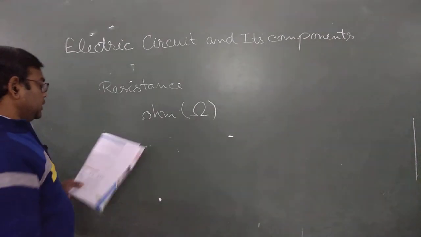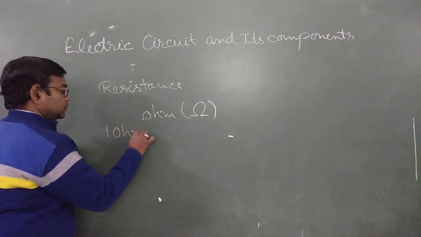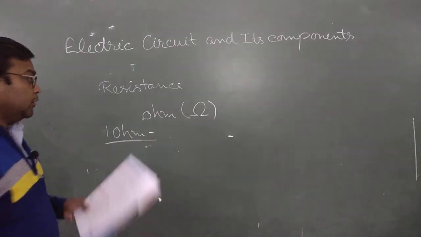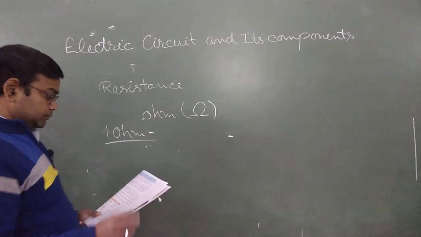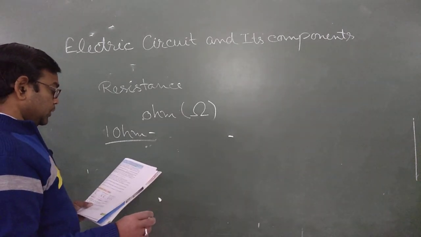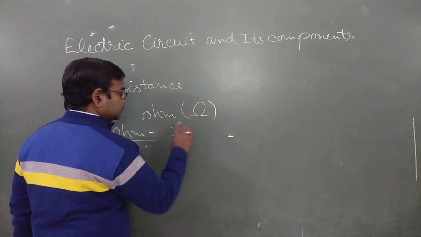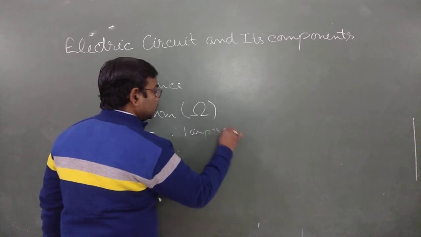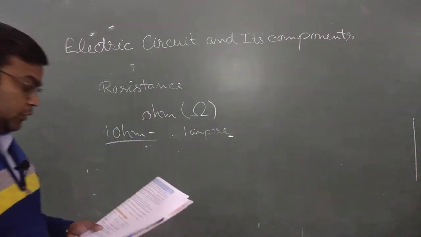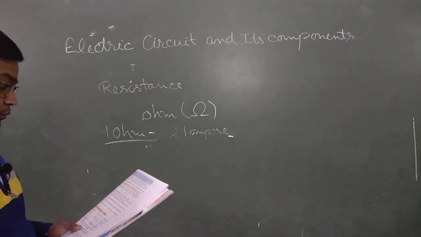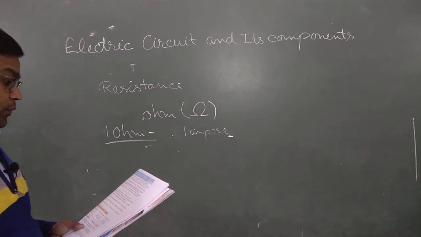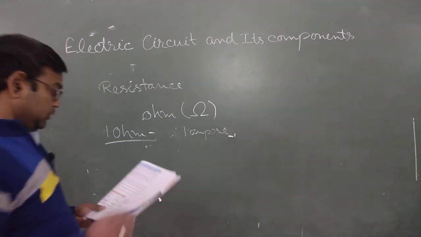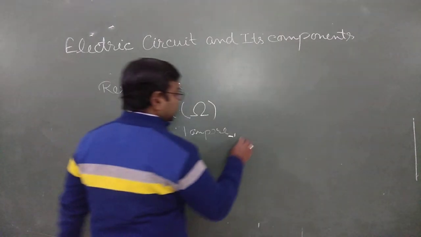What is the 1 ohm? The resistance offered by a conductor when a current of 1 ampere flows through a conductor such that the potential difference at the end is 1 volt.